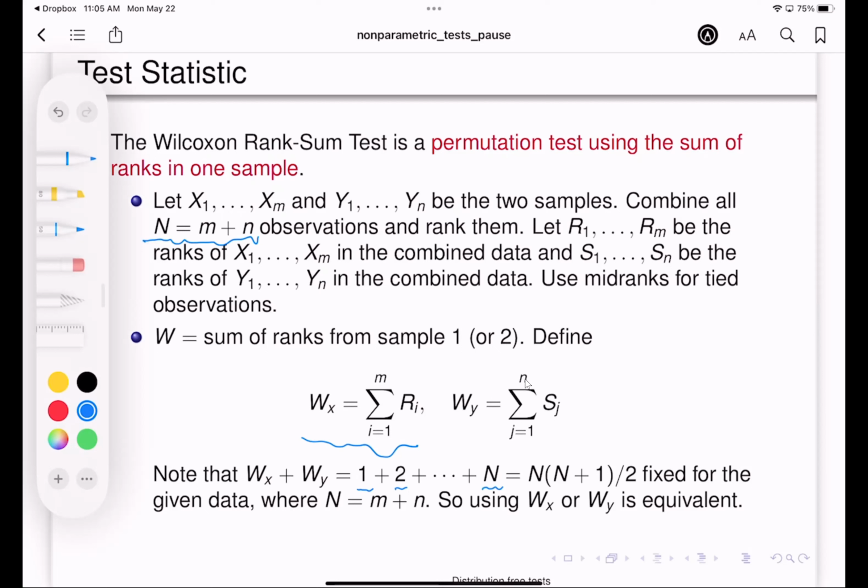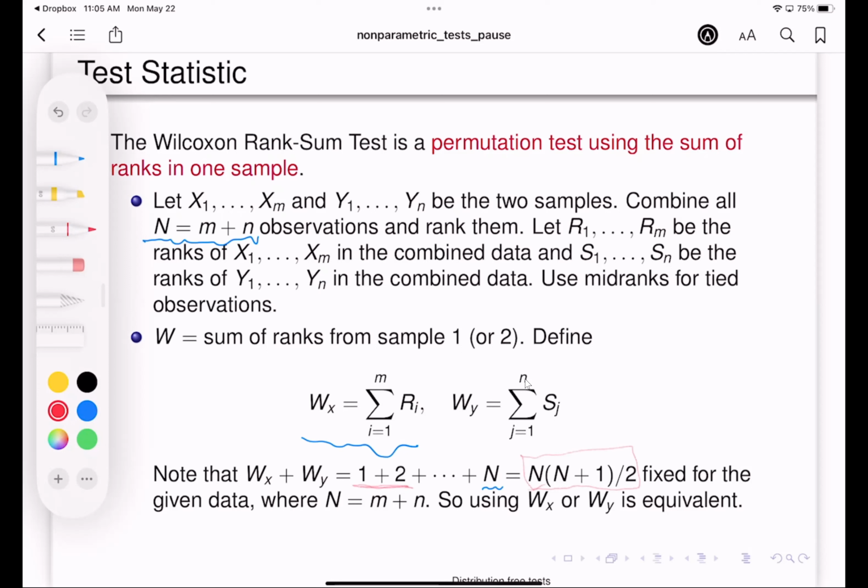If there is a tie, for example, the first and second observations are tied, then these two will simply be averaged, so the 1 and 2 will be averaged. But when you average 1 and 2, that's the same as still having the 1 and the 2. Therefore, when we consider the total ranking, the sum is still just 1 up to N added together. This is the overall sum of the ranks from both samples, so the sum of ranks is fixed.